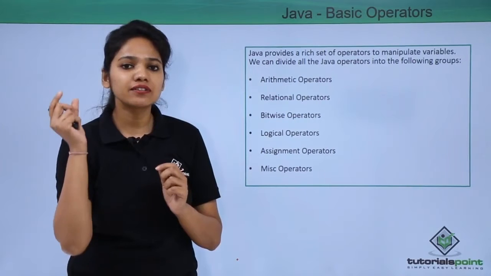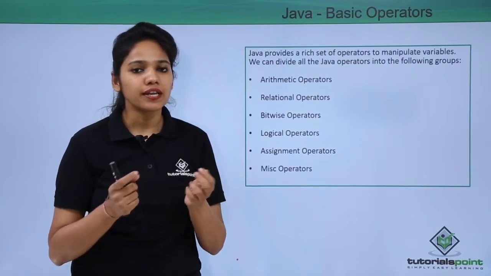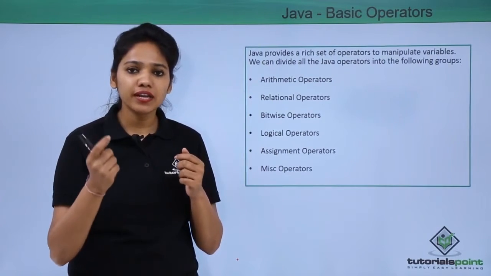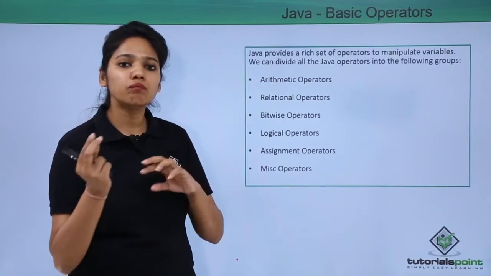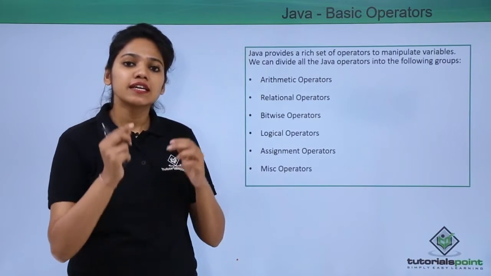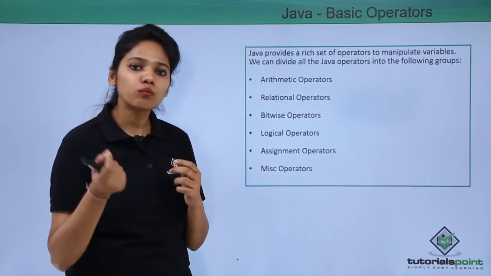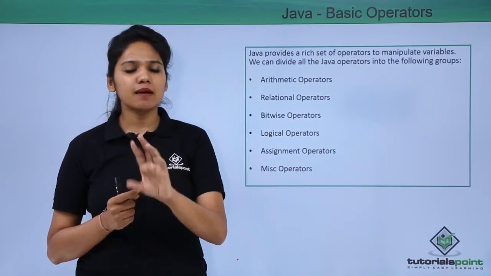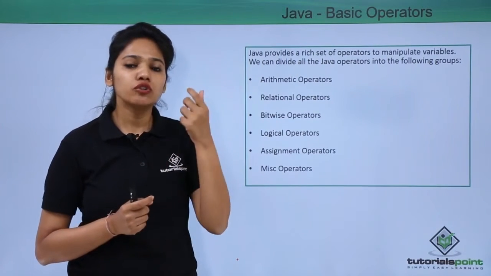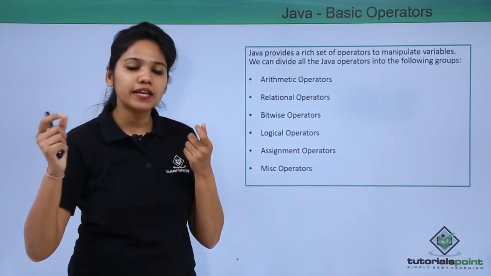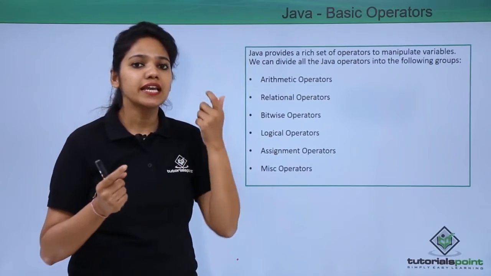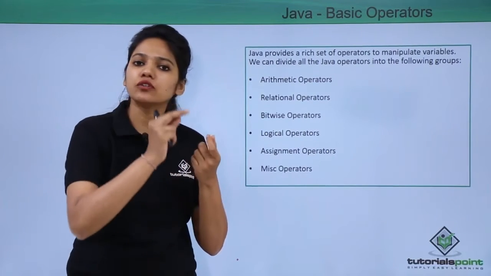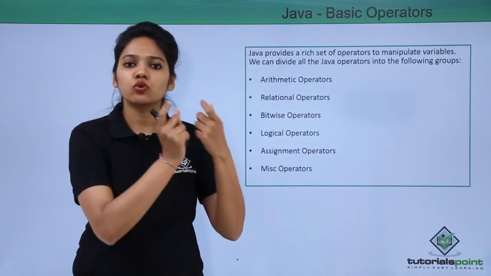Let us take an example where we say A is equal to B. Now the B value will be moved to A. Or we say A plus equal to B. It means you can also write this as A is equal to A plus B, where B, your right operand value, is added to your left operand and the result is stored in your left operand.